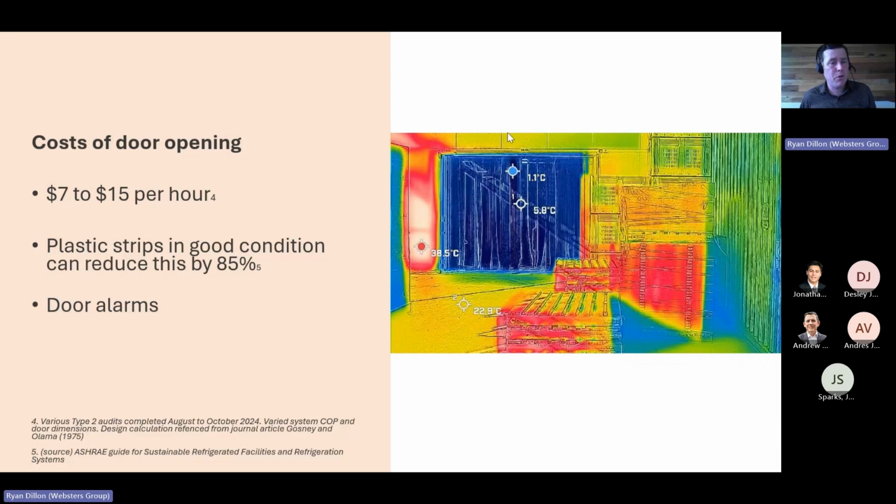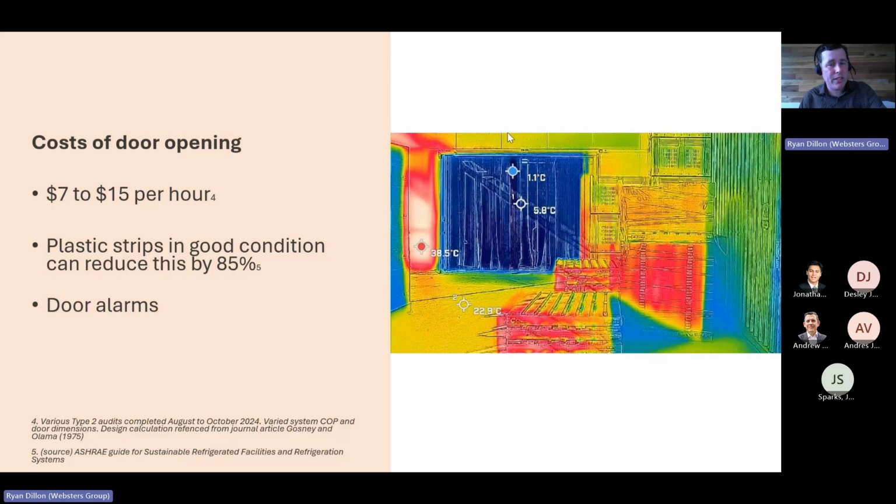And what we've observed from those audits is a blended average kilowatt hour rate across different sites. Each site's different. So we had a range of around $7 to $15 per hour in electrical cost per hour that the door's left open. Now, for using plastic strips, if they're in good condition and they're well maintained, that can actually reduce that cost by around 85%.